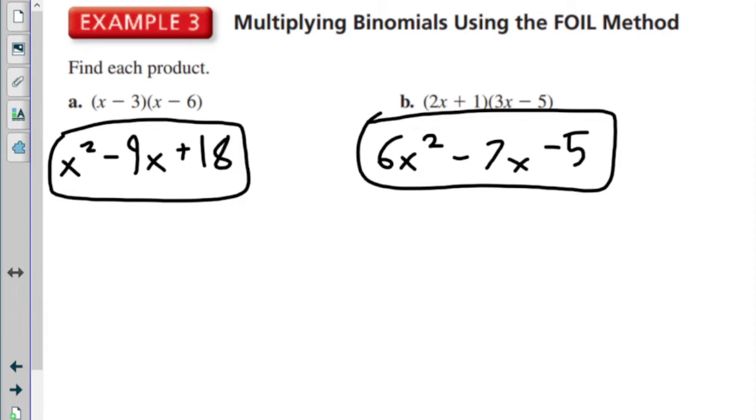Most people, if they miss something, either it was missing a sign here or there, or it was this first term where we took the 2x times the 3x. Keep in mind, 2x times 3x, 2 times 3 is 6, multiply the numbers, multiply the variables, x times x here is x squared.